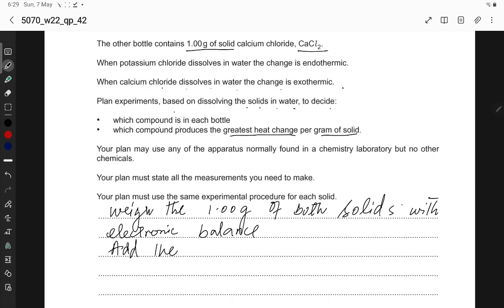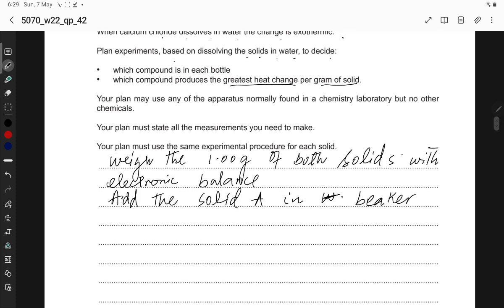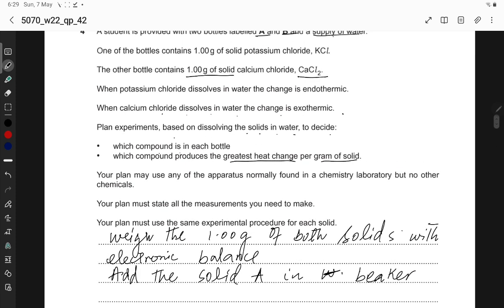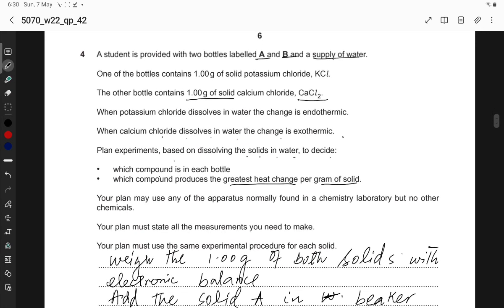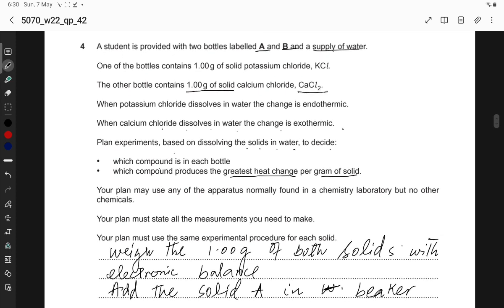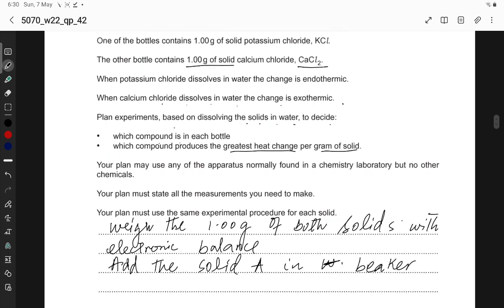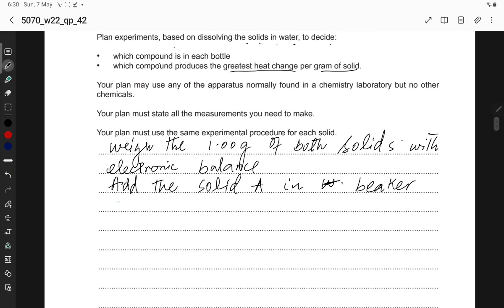Add the solid A in a beaker, along with a thermometer.